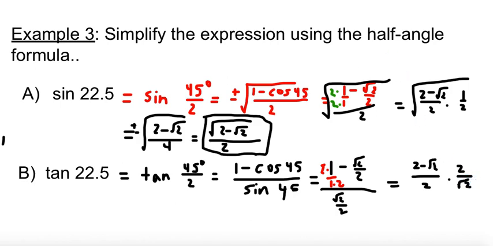Looking diagonally there, I can see these plain 2's here can cancel out to 1's. So then we end up here with 2 minus the square root of 2 over the square root of 2. I don't usually leave the square root of 2 down here in the denominator, so I'm going to multiply the numerator and denominator by the square root of 2.